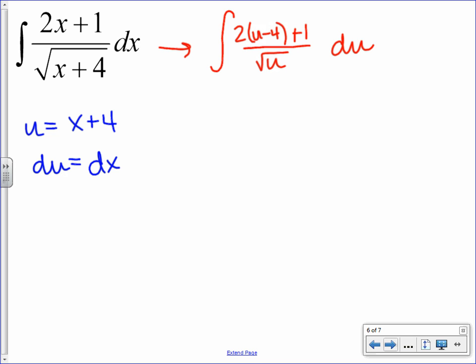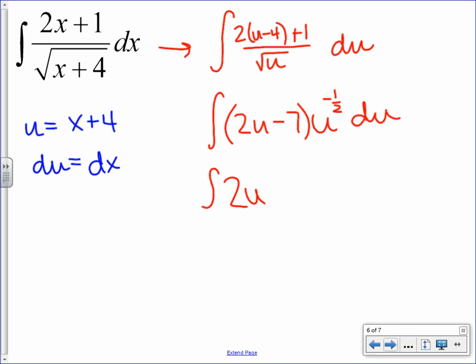Okay, so the numerator is 2u minus 7, and that's really being multiplied by u to the negative 1/2. That's really how we want to write it. And to rewrite this even more, what would we want to do with that u to the negative 1/2? Okay, distribute. So what is u times u to the negative 1/2?